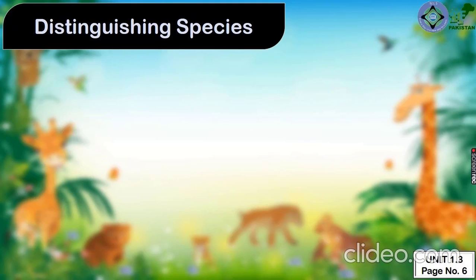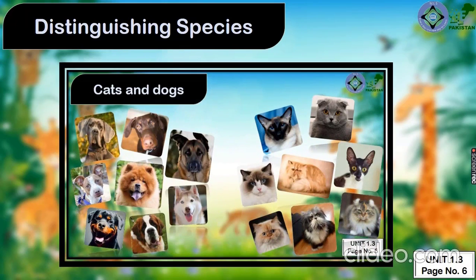Let's talk about the same example of cats and dogs. Did you observe this dog? It looks like a cat. Maybe you can easily identify that this is a dog, but it was difficult for me to guess whether it is a dog or cat.